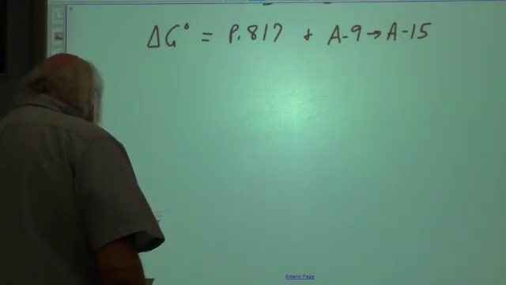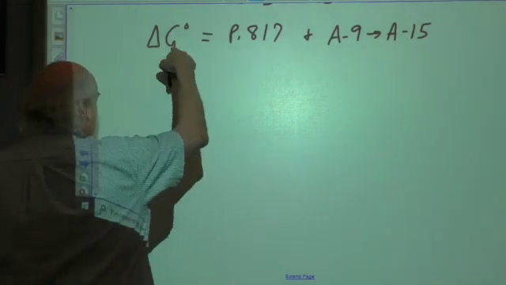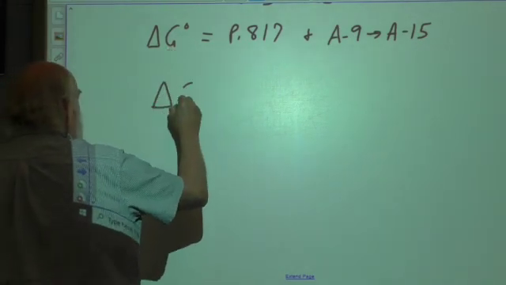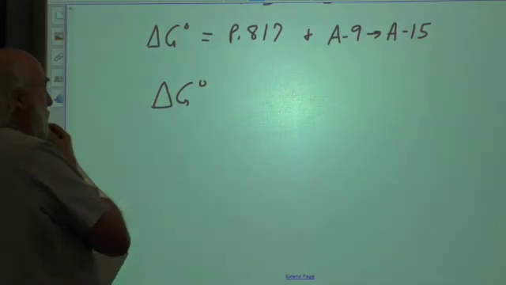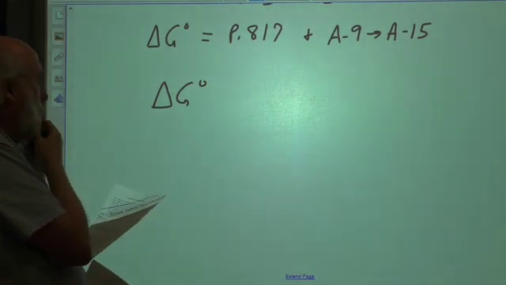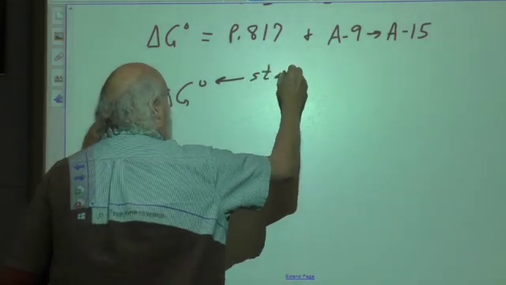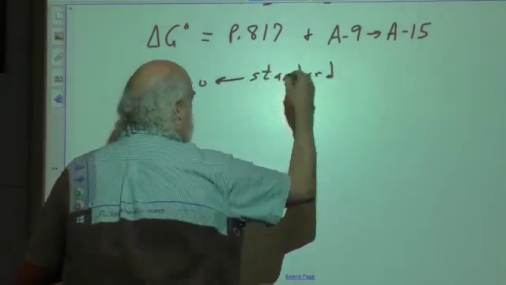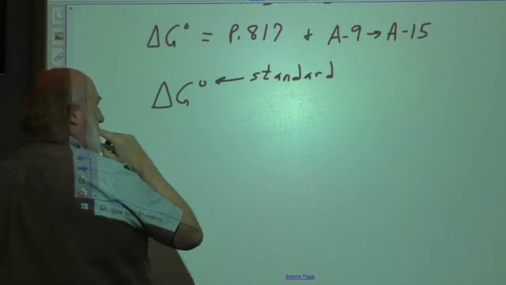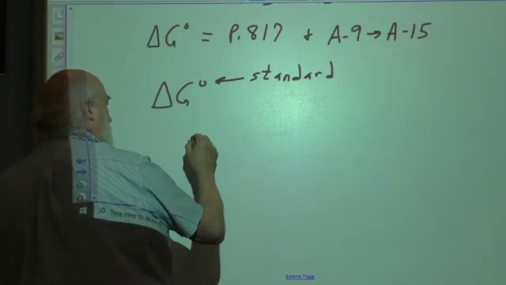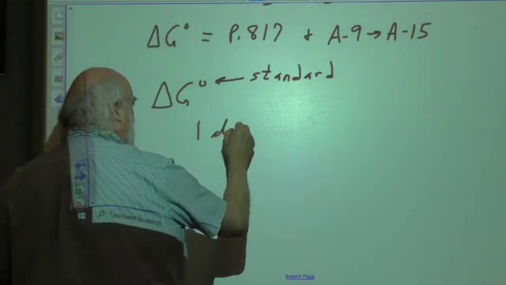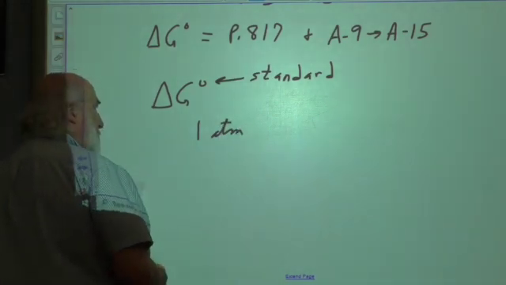Okay? Now, when we look at the standard conditions for delta G, the standard conditions are identified in three aspects. It's identified in terms of pressure, so it's 1 atmosphere of pressure.